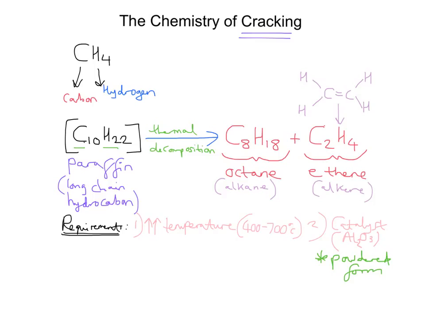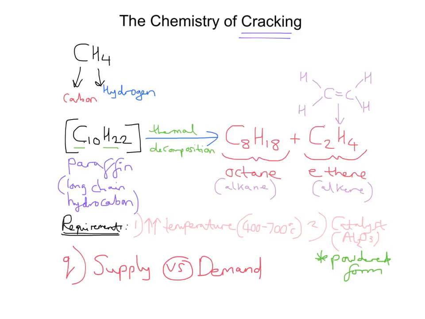Often questions that you get asked in exams are about supply versus demand. So you may get given a table of information, it might tell you certain fractions and the approximate percentage that you find of those fractions in crude oil, and then the approximate percentage of the demand. What you might have to do is look at how much relatively is in crude oil and then work out which one of those you're likely to crack.